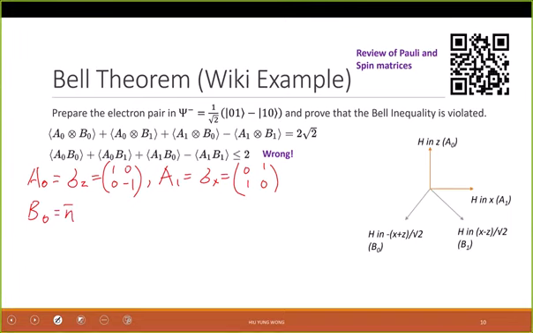This one. Does it ring the bell? n is the unit vector in the 3D space, signifying the direction of the magnetic field, and sigma is the vector, or the Pauli vector. Remember that?